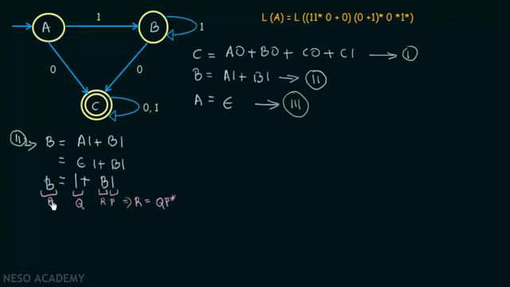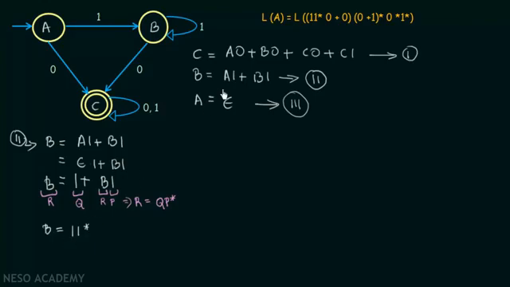So for this equation, how can we write it? B is R, Q is 1 and P is 1. So if I write R equal to QP star, it will be of this form, B equal to 1 1 star. So we have got B which is equal to 1 1 star.